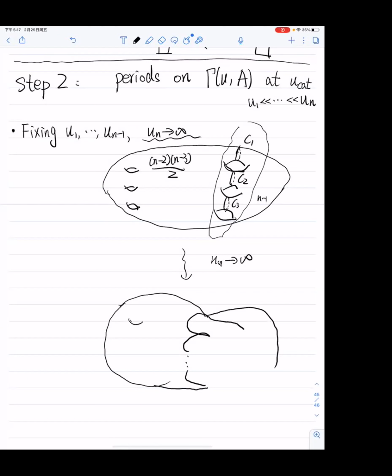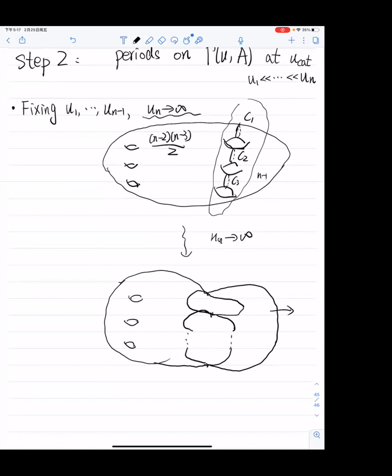The left has genus (n-2)(n-3)/2. The right is simply a disk with punctures now. So this is like a punctured disk, and each of these C1, C2, up to C_{n-1} becomes a vanishing cycle.